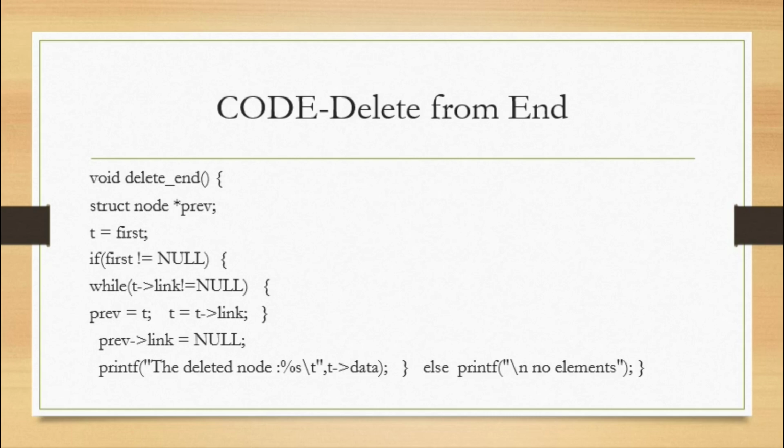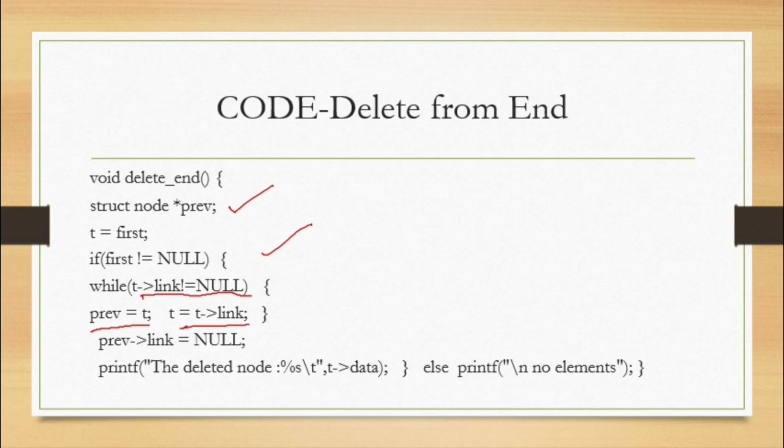Here, students, we have t, and we take one more pointer of type node, that is previous, if first is not equal to null. We need to run a while loop, where t of link is not equal to null, and we do previous is equal to t, t is equal to t of link.